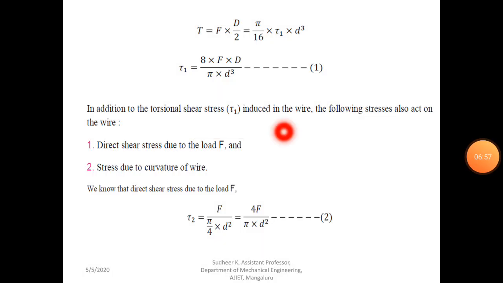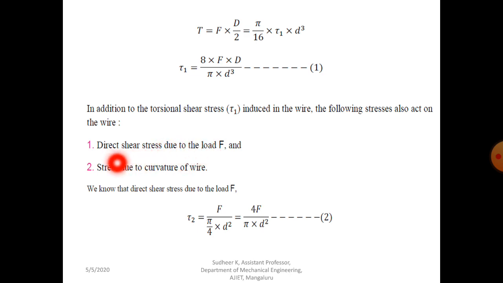In addition to the torsional shear stress tau 1 induced in the wire, the following stresses also act on the wire. There are two more stresses that may act in the spring when the equivalent bar is bent in the form of a helical coil. These additional stresses arise from two important factors.